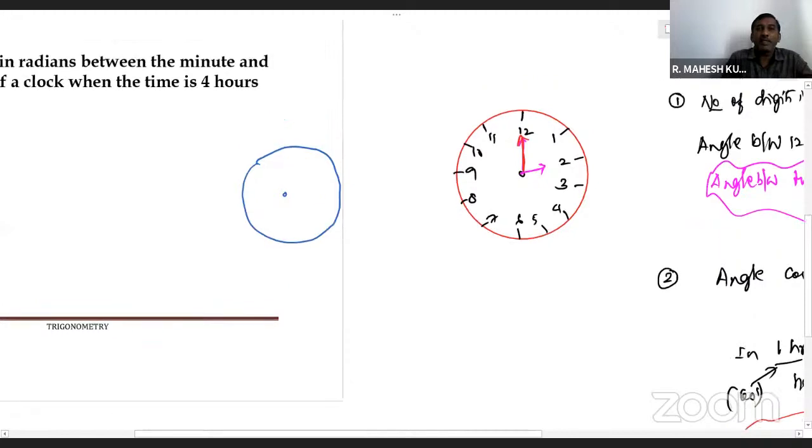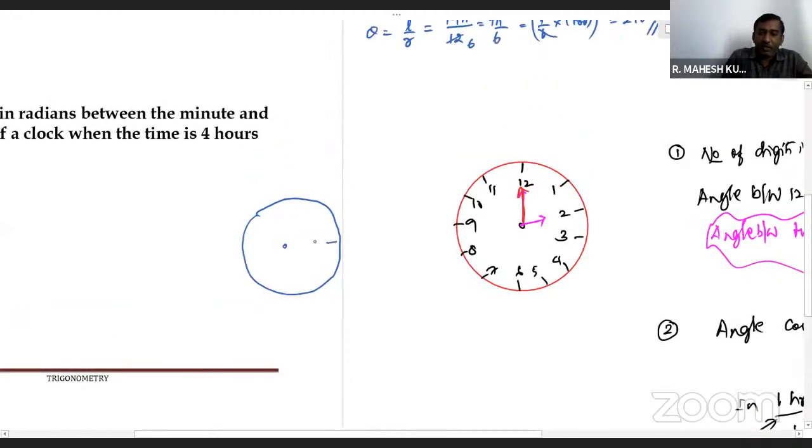At 4 hours 20 minutes, what is the position of the hour hand and minute hand? So 4, this is 5, 6, 7, 8, 9, 10, 11, 12.